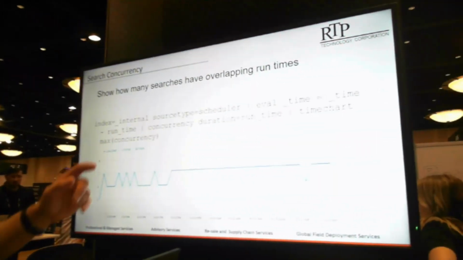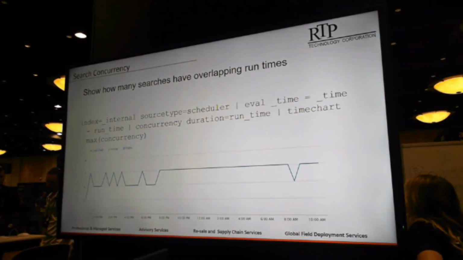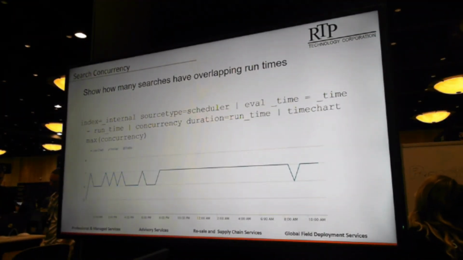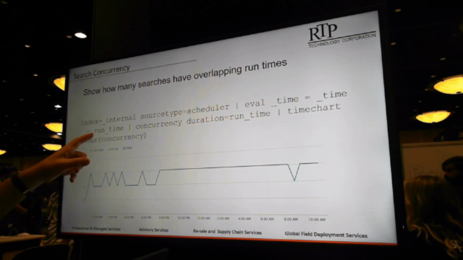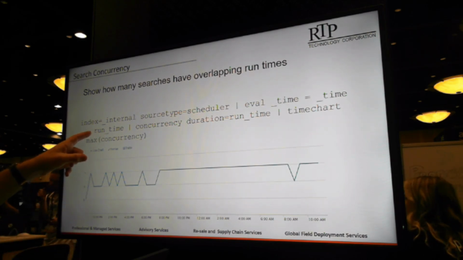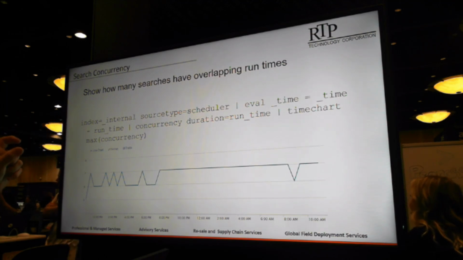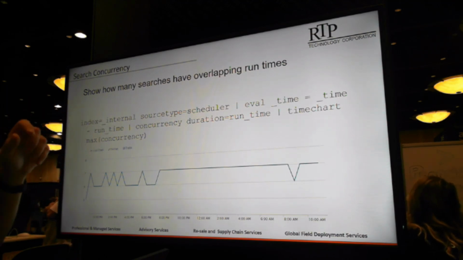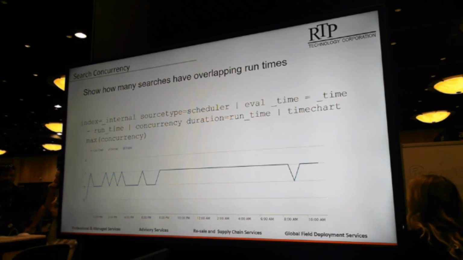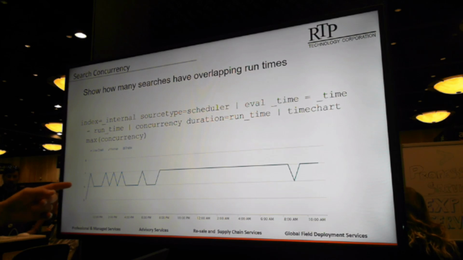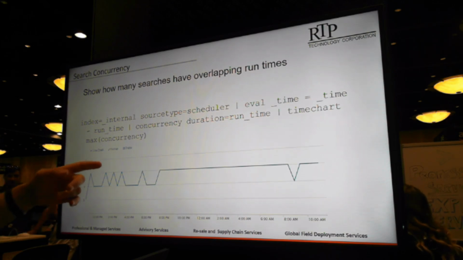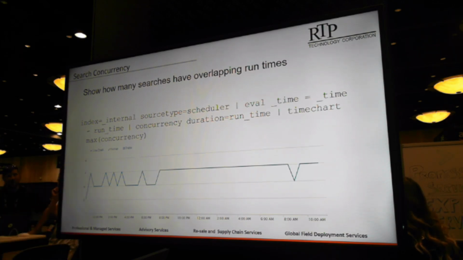To do that, we look at the scheduler source type within _internal. Look at time and compare that to runtime to get how long a search ran, and use the concurrency command to find out how many searches actually ran at about the same time. And that gives us a graph like this where we see quite a few searches are running.